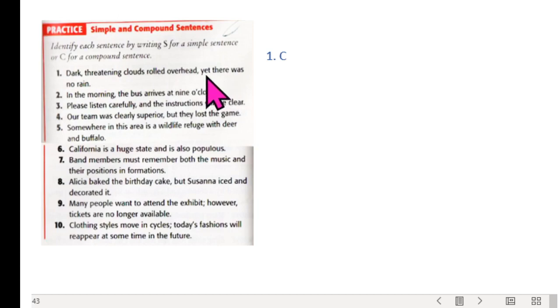Yet, coordinating conjunction, there was no rain. You see, there was no rain is a complete sentence with the subject there. Was no rain. Rain is the subject here.